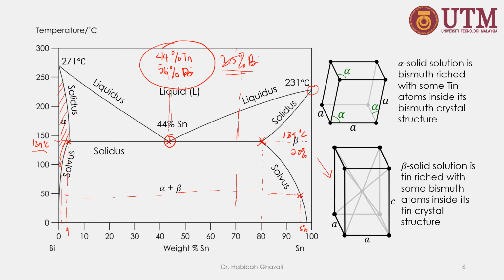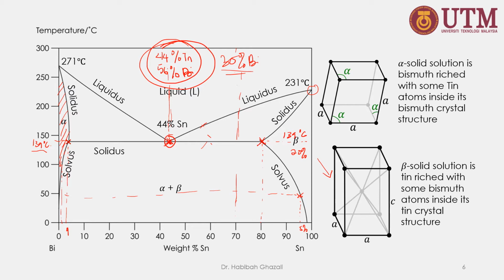So it doesn't have this variation of temperature where it starts to solidify at one temperature and ends at another. The solidification begins and ends at one temperature only. So when we have this amount of tin and bismuth in the liquid, what will happen is that an isothermal reaction will happen.